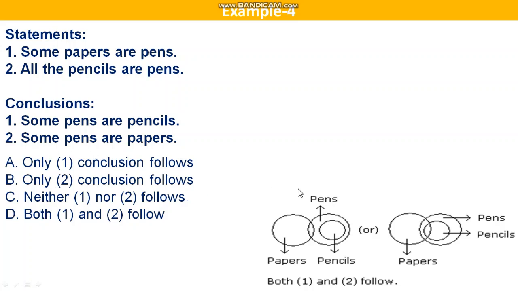Option D is the right answer. We need to check that if there are multiple possibilities of Venn diagrams, then the conclusion statement should satisfy all the possible Venn diagrams. Only then will we consider that conclusion as true, else not.